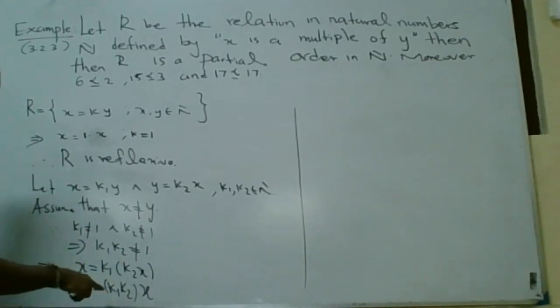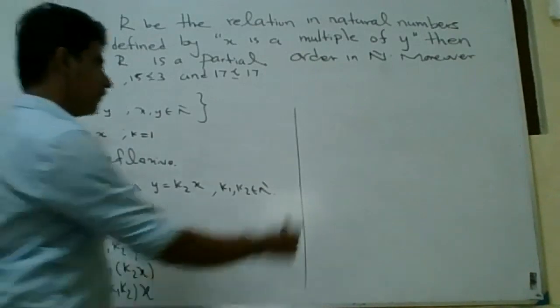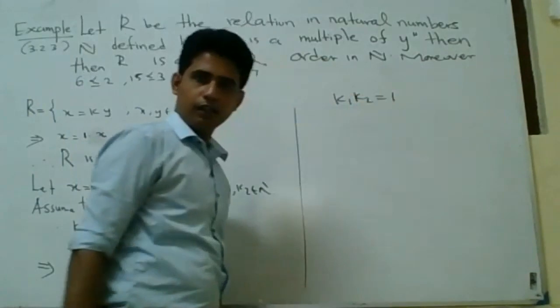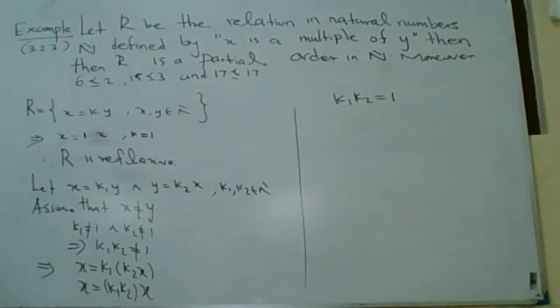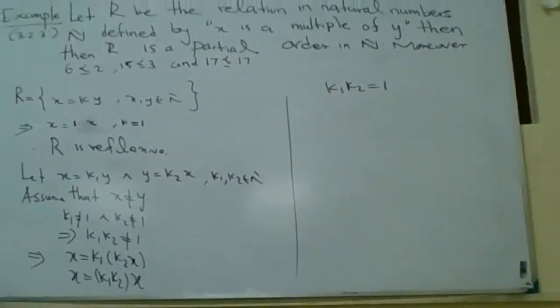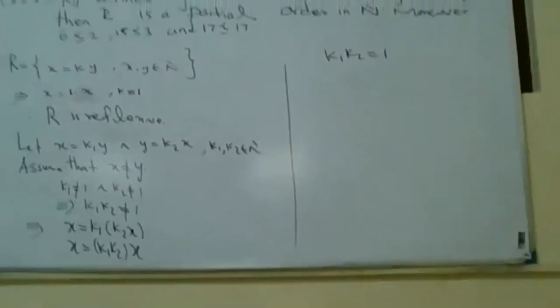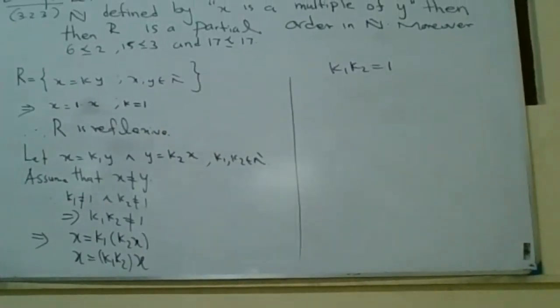Only one is possible. Therefore, k1 times k2 should be 1. Is it okay?